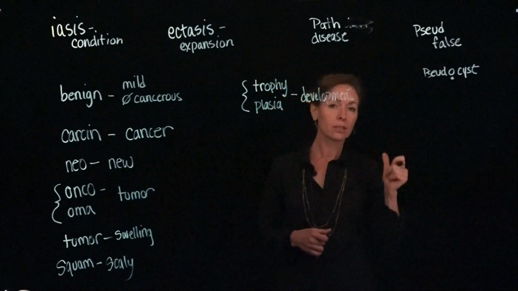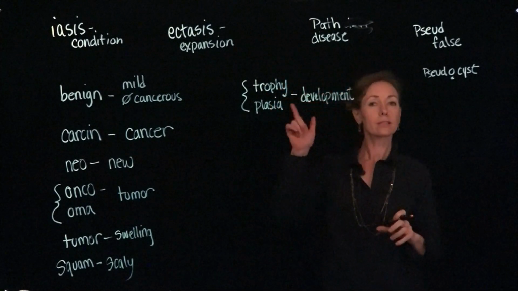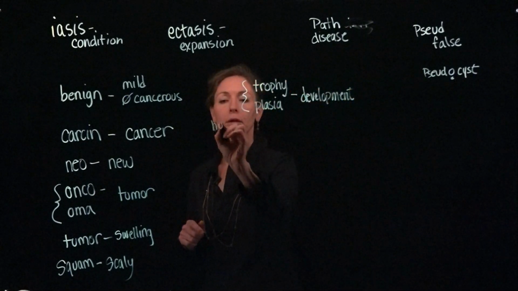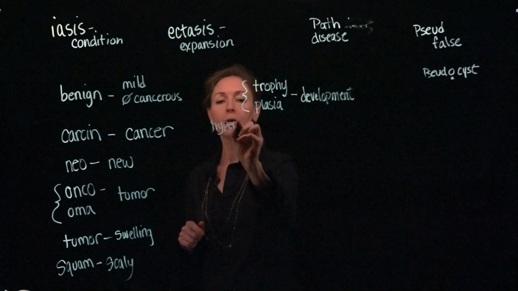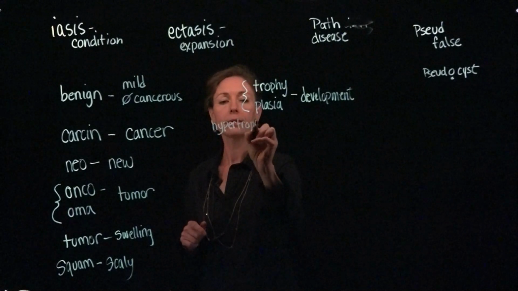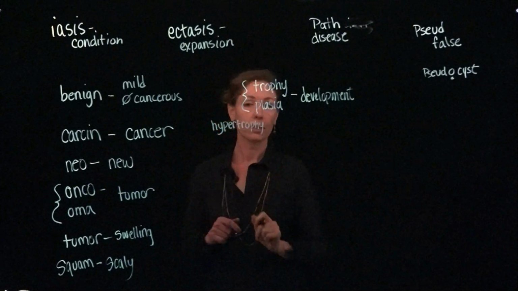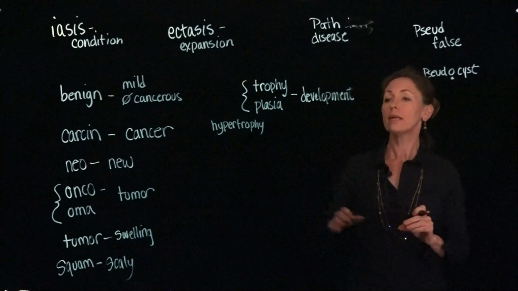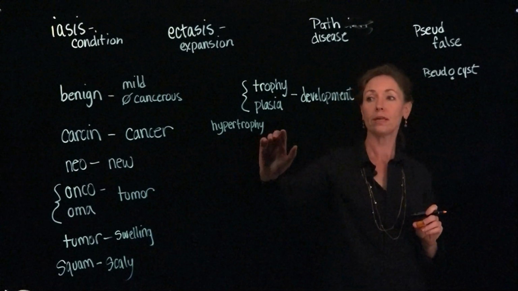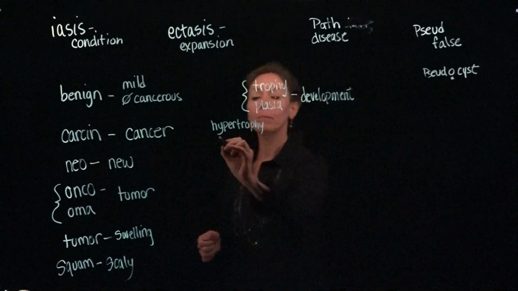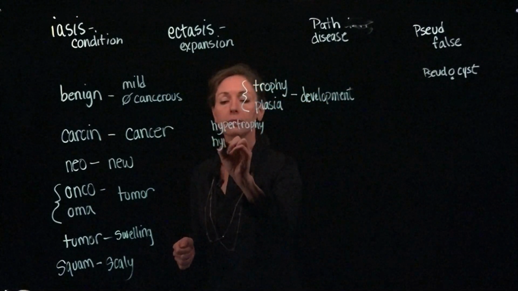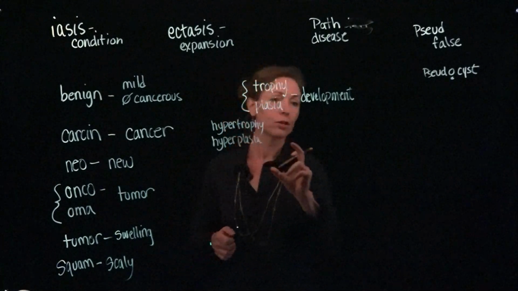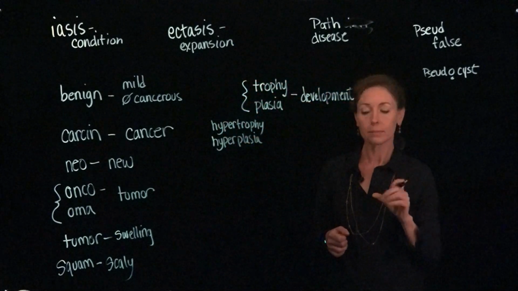So I want you to think back to the last lesson when we looked at things that were above, and perhaps you've heard of tissue hypertrophy, above normal development. You see that in cancer, right? Cancer is cells running wild, and you will have hypertrophy or hyperplasia, above the normal amount of development.